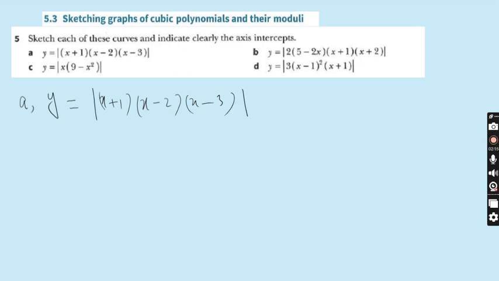In order to draw the graph of a modulus, first we just draw the graph without the modulus function.